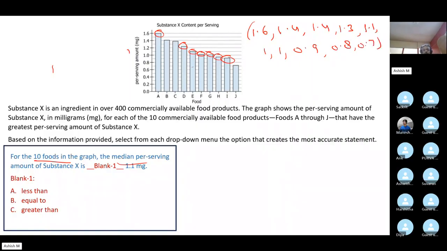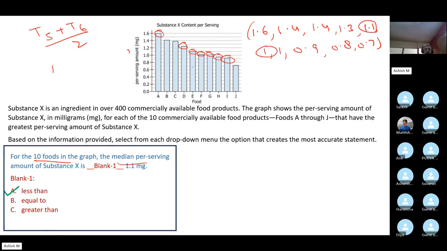All right. So now there are a total of 10, which means the median will be the 5th plus 6th divided by 2. 1, 2, 3, 4, 5th. All right. 5th plus 6th divided by 2, which obviously would be lesser than 1.1.